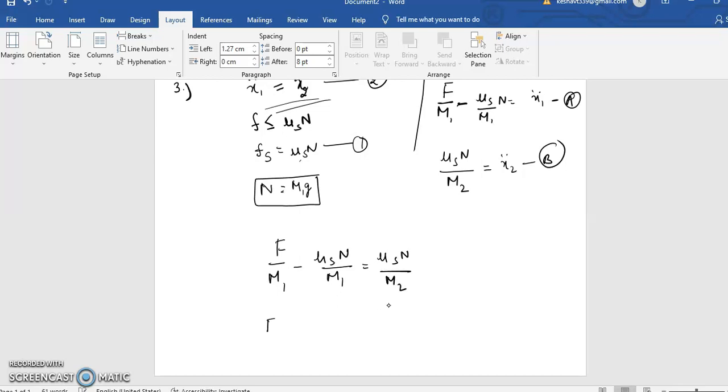Now let me find the value of F as m1 multiplied by mu s N upon m1 plus mu s N upon m2.